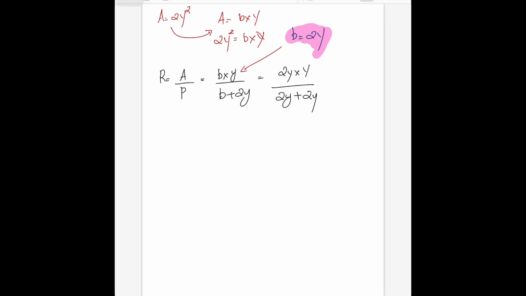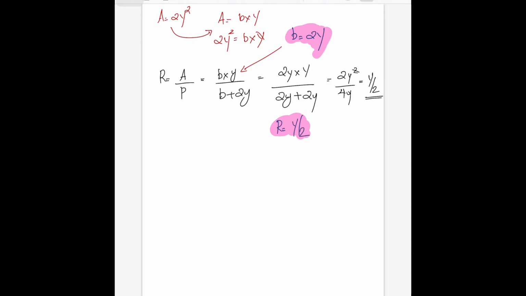That is equal to 2y square by 4y, which in turn is equal to y by 2. Therefore, R is equal to y by 2. This happens to be the second condition, R equal to y by 2.